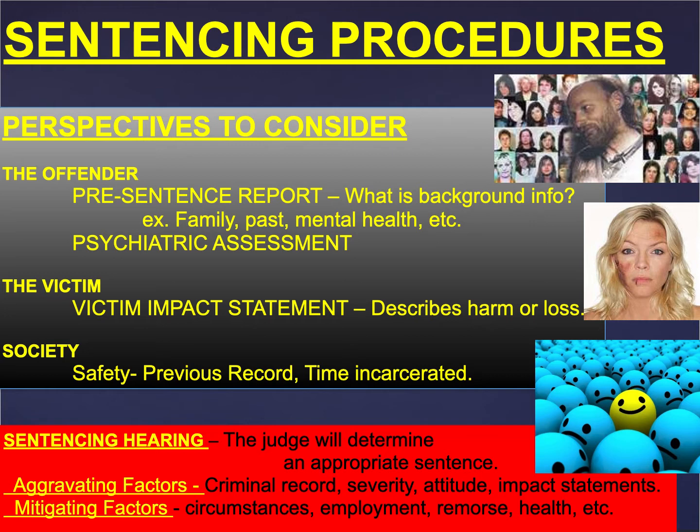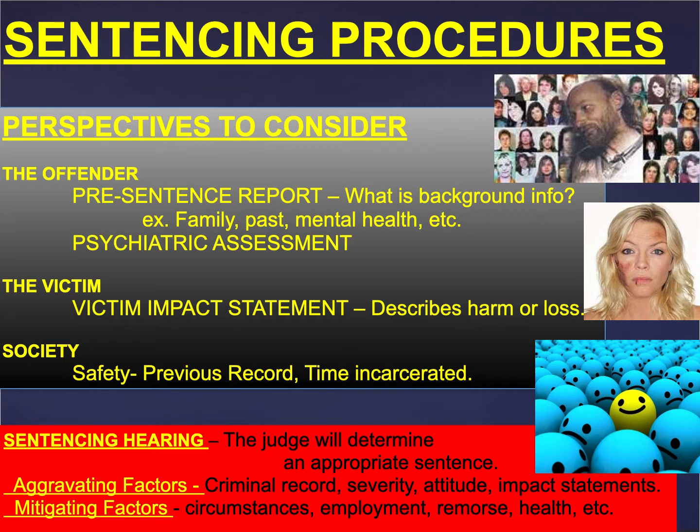And during the sentencing procedures, there is the actual sentencing hearing. A sentencing hearing happens after the person has been convicted guilty by the jury, and the judge will determine what is an appropriate sentence. There are some aggravating factors and mitigating factors.